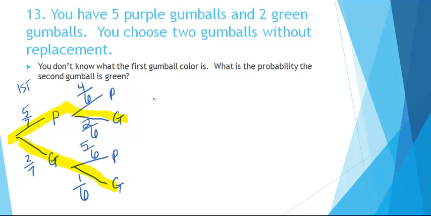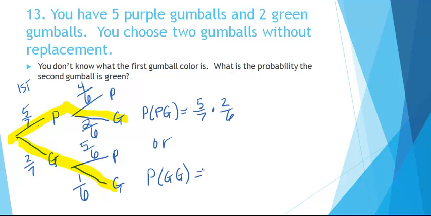Either purple-green, which is 5/7 times 2/6, or green-green, which is 2/7 times 1/6.